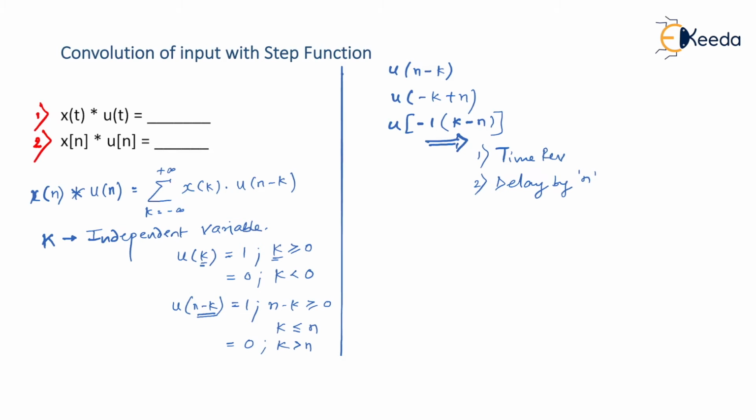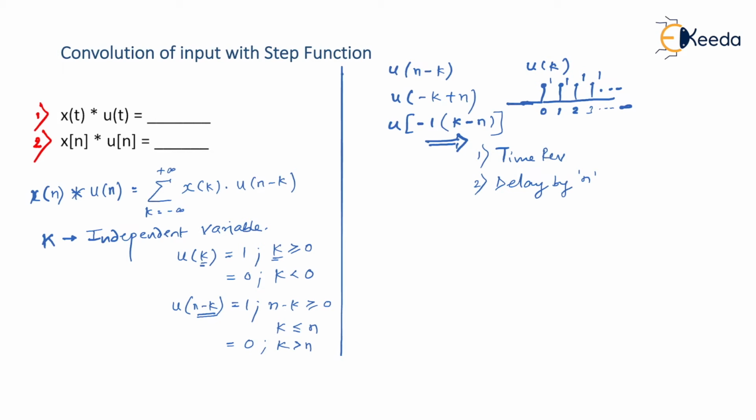First of all, step number 1, where I'm applying the time reversal property on the u of k signal. The original u of k signal has an amplitude equal to 1 from 0, 1, 2, 3 up to infinity, and when k is less than 0, u of k is always 0.